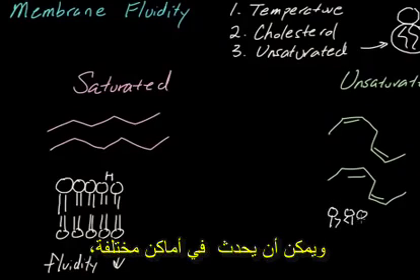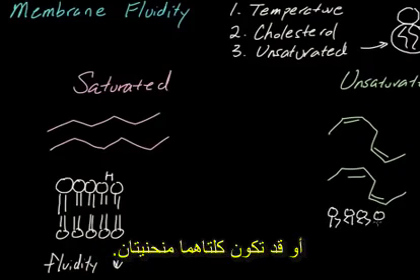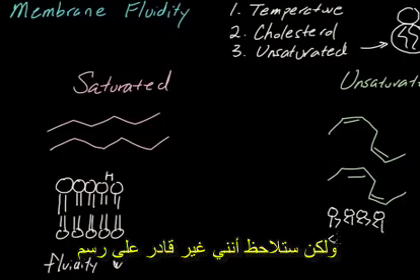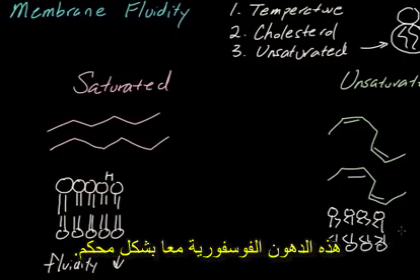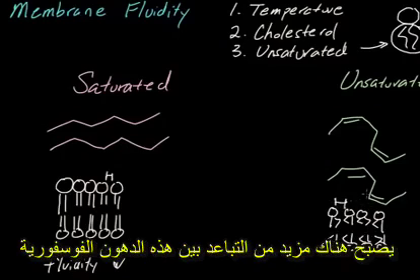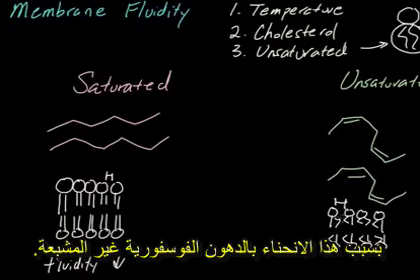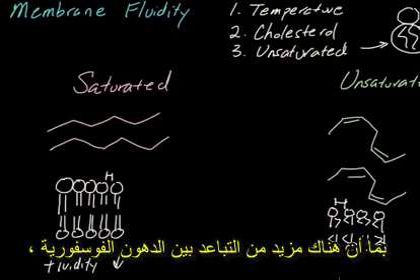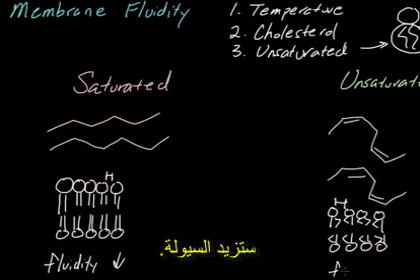And these might occur at different places, or they might have both of them being bent. But you'll notice that I'm unable to draw these phospholipids as closely together. There becomes more distance between these phospholipids because of this unsaturated bend in our phospholipids. So since there's more distance between our phospholipids, the fluidity increases.